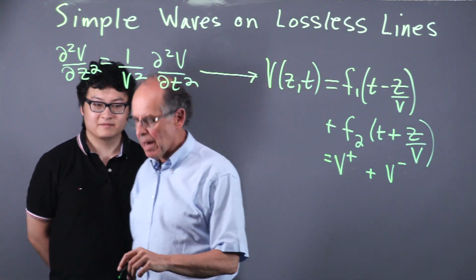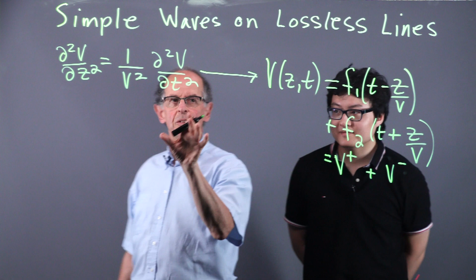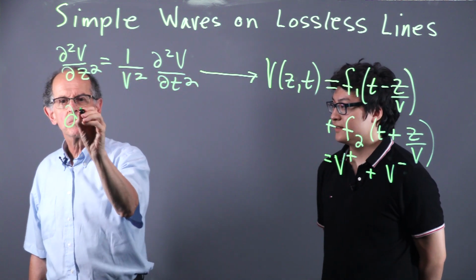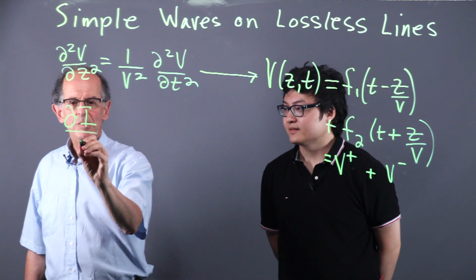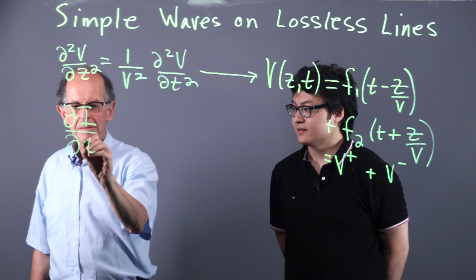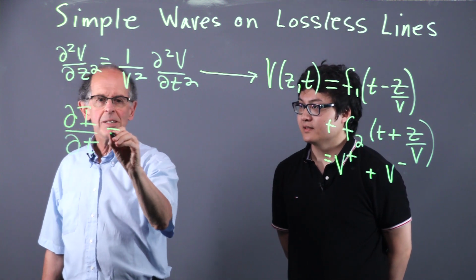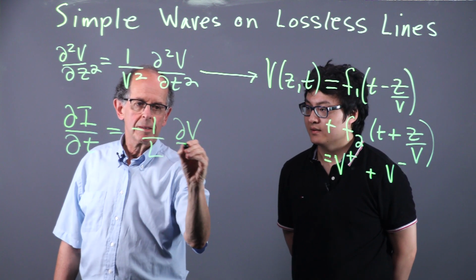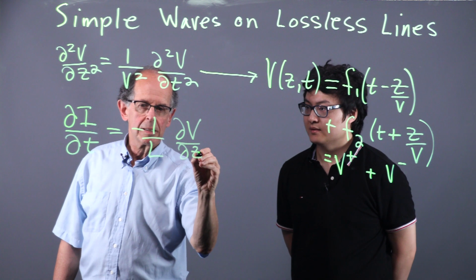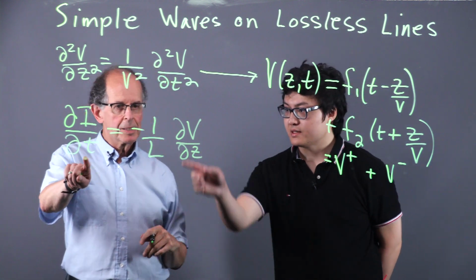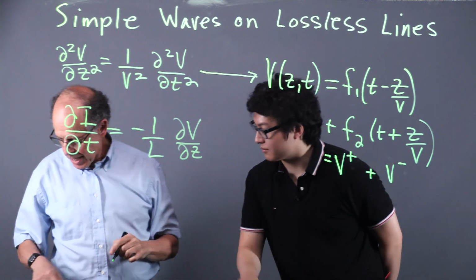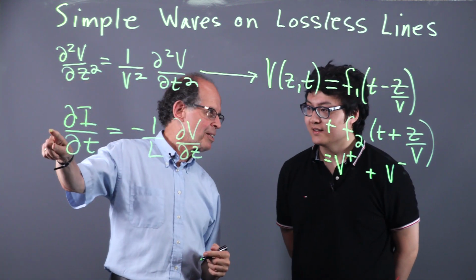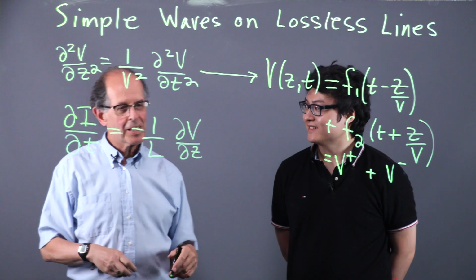Okay. Well, we could write the current equation down, but why don't we use the equation we got from the transmission line from KCL, di/dt, or KVL rather. Okay, right, di/dt, because L was with di/dt.